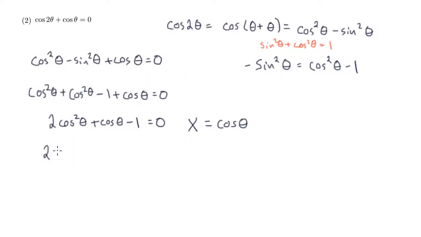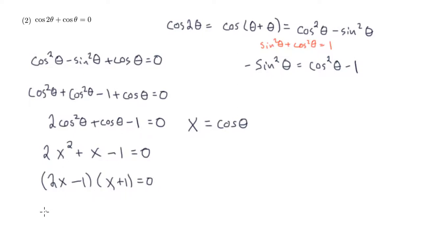So this is really like 2x squared plus x minus 1. But this is a quadratic equation. And actually, it factors. This is 2x minus 1, and then x plus 1. And you can verify that when I FOIL this out, I get the same thing.